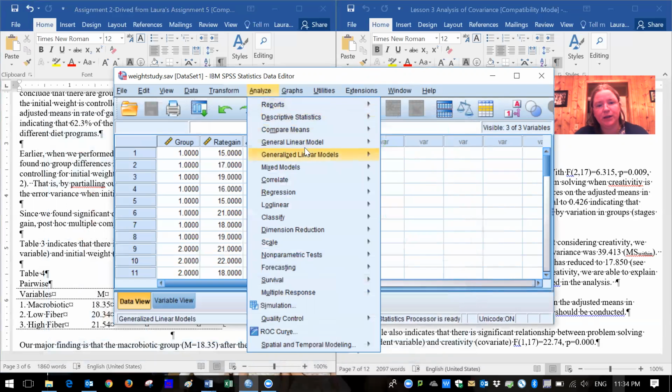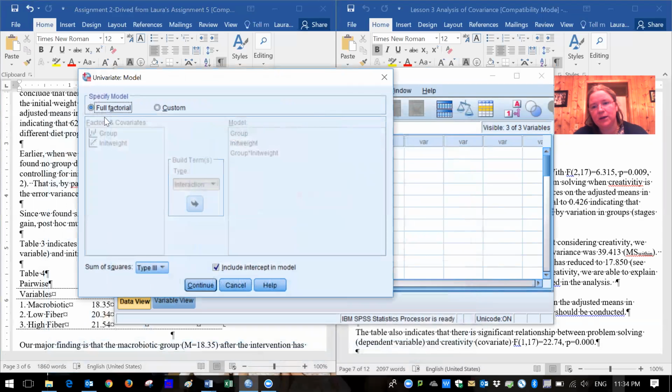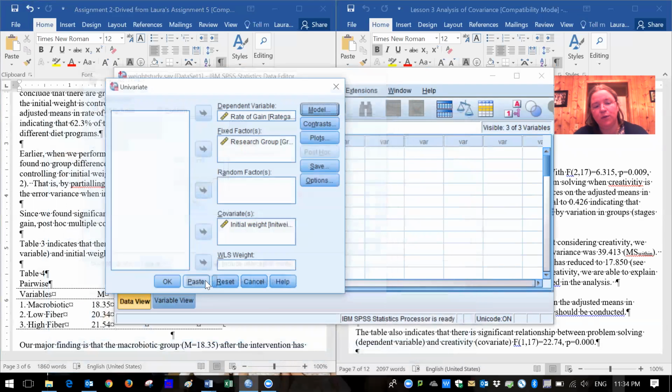So we're going to go to Analyze. I'm just going to redo it. So this will just be a reinforcing. Univariate. And we have the rate of gain in the dependent, fixed factors, the research groups, initial weight as a covariate. In order to get the post hoc multiple comparison, you have to click on full factor.